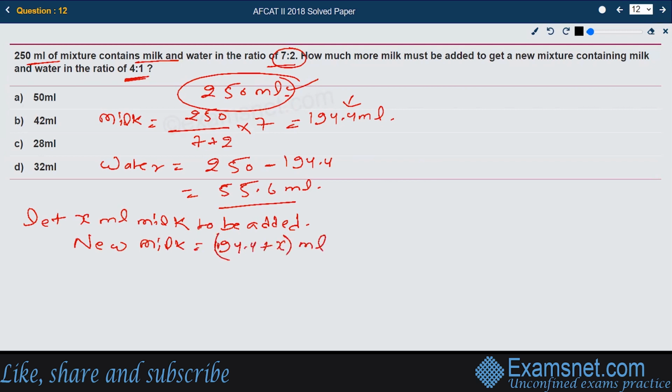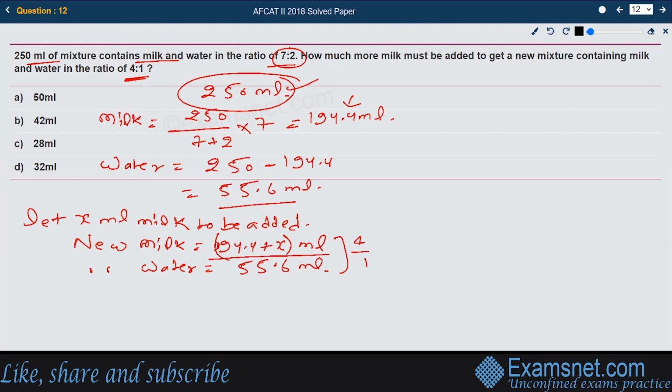This much milk is there after the addition of X ml, and obviously the water quantity remains the same. So the new water is always the older water, that is 55.6 ml. Now he's saying the new ratio between these two has to be 4:1.